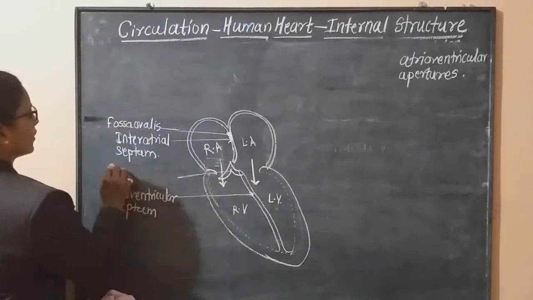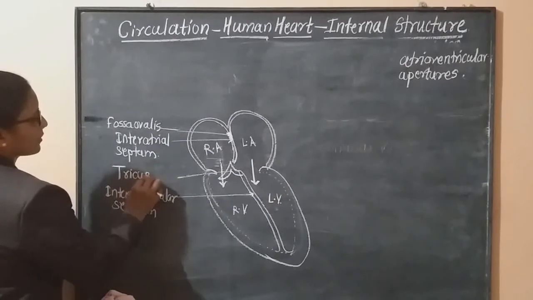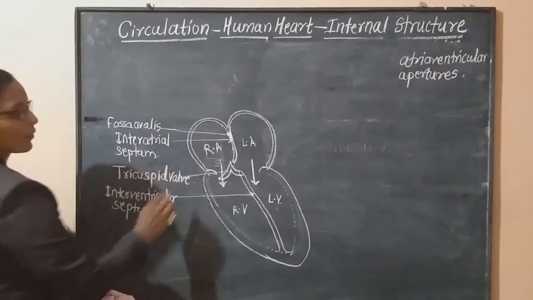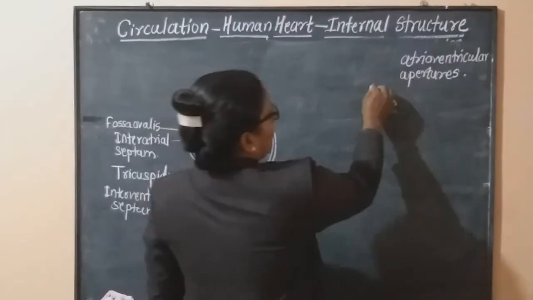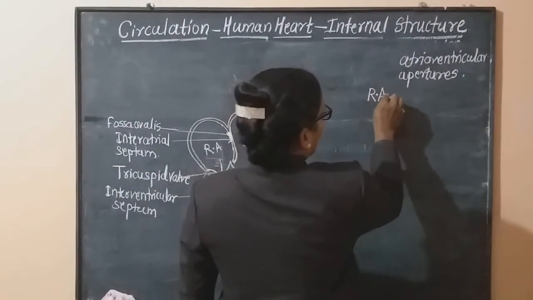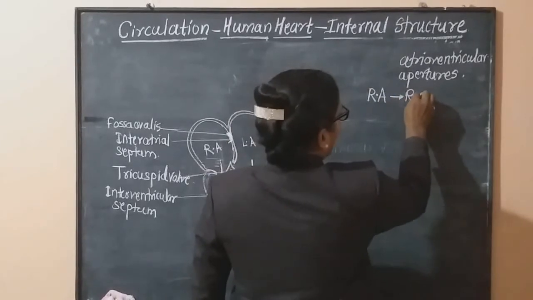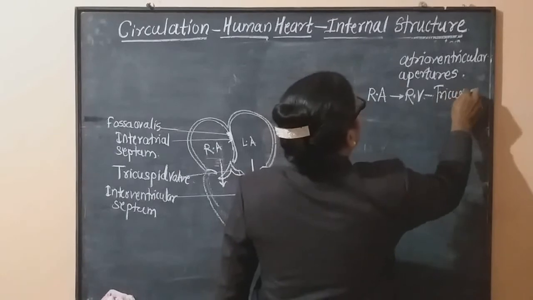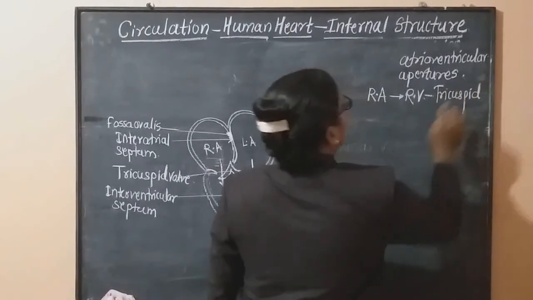This valve is called the tricuspid valve. The opening of the right atrium into the right ventricle is provided with the tricuspid valve.